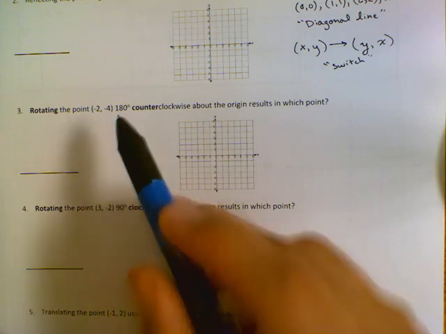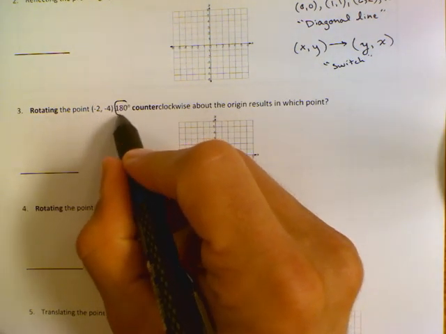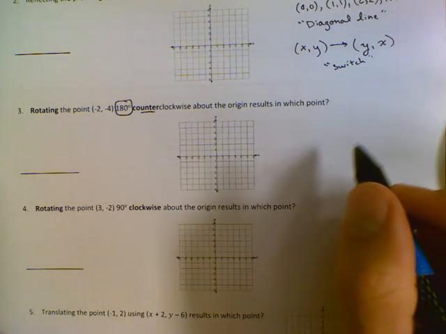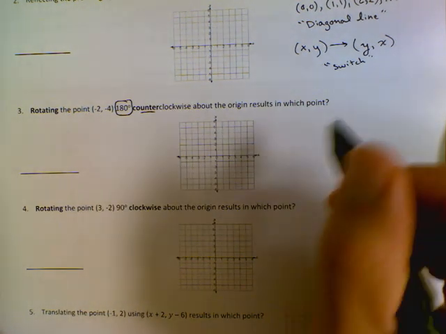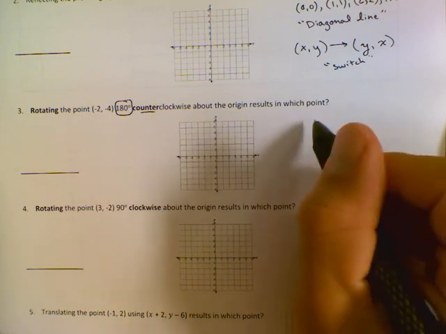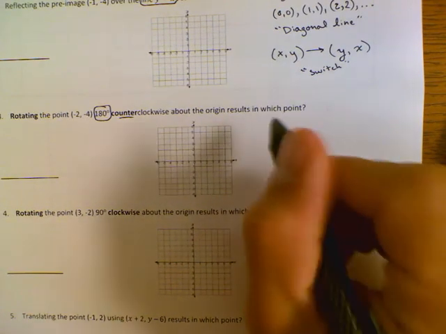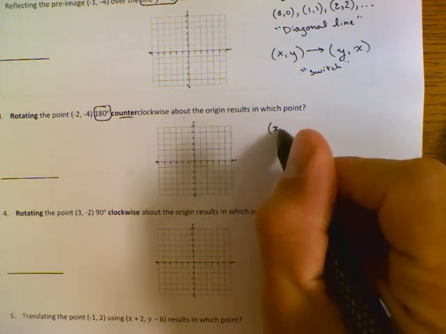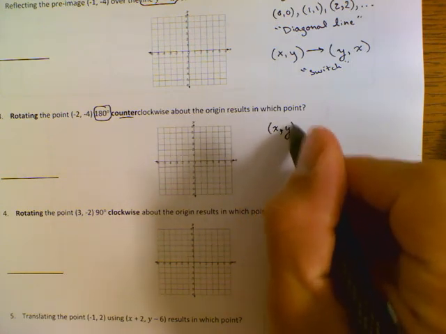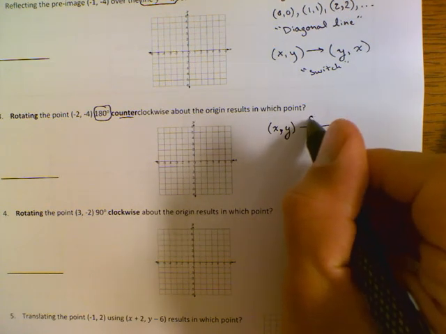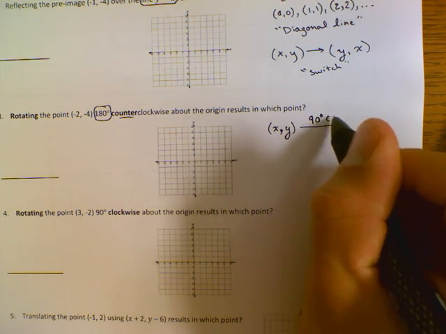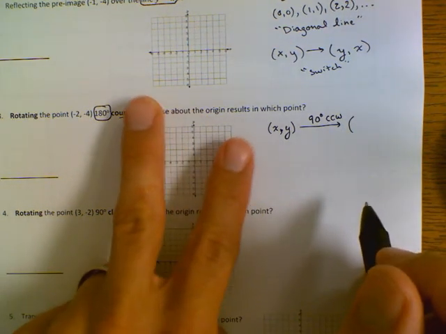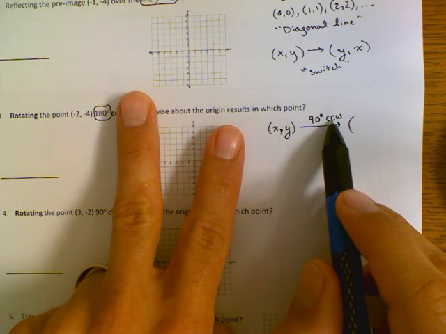If you're going to rotate 180 degrees, it doesn't matter if it's counterclockwise or not. But this one, it does say counterclockwise. But 180 degree rotation, maybe this is a good spot to just write a rule. So if I have x, comma y, and it's 90 degrees counterclockwise, then remember the video where I put my left hand up because I'm going counterclockwise.